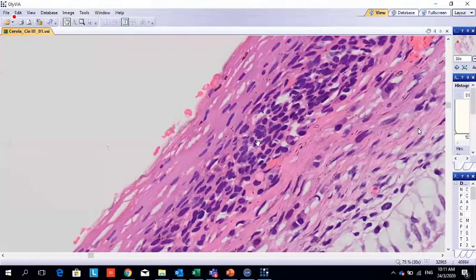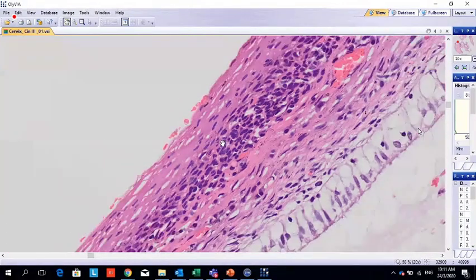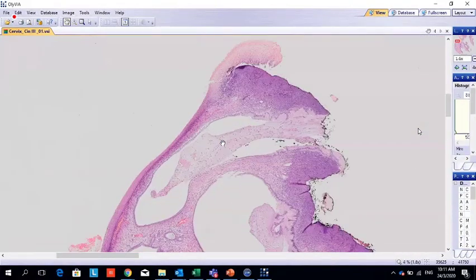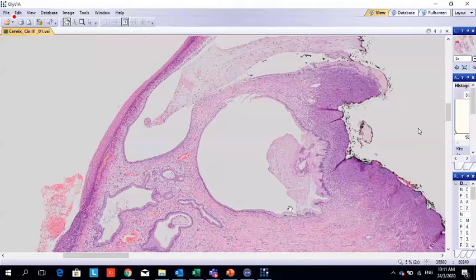This is the basal layer, and this is the intermediate and superficial layer. And what are those? Those are glands. This one is the endocervix.